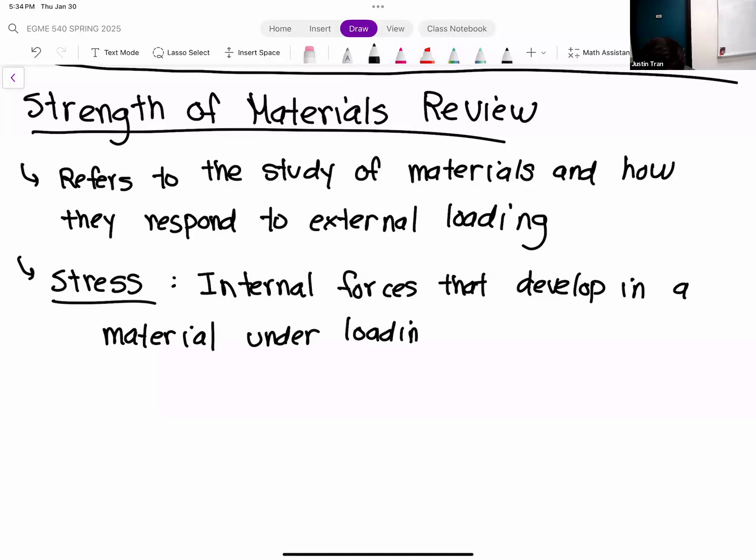When you apply loads to a material, in order to keep it in static equilibrium with itself, internal forces have to develop to keep that equilibrium. We call those internal forces stresses.